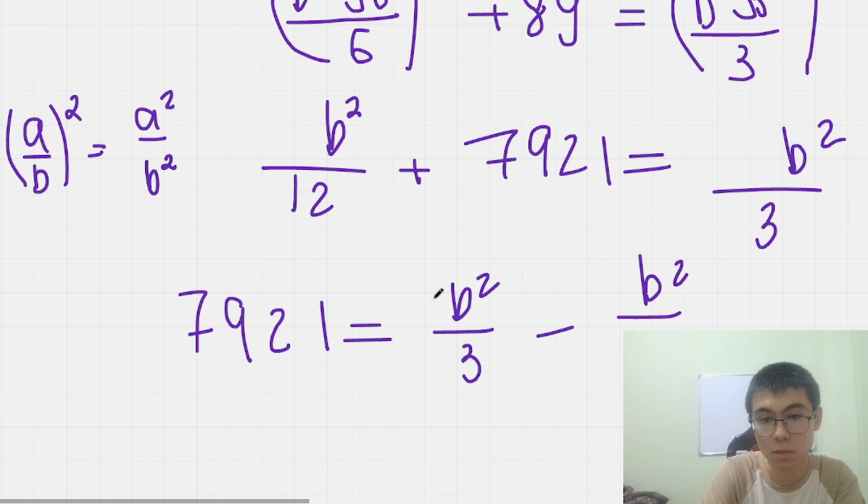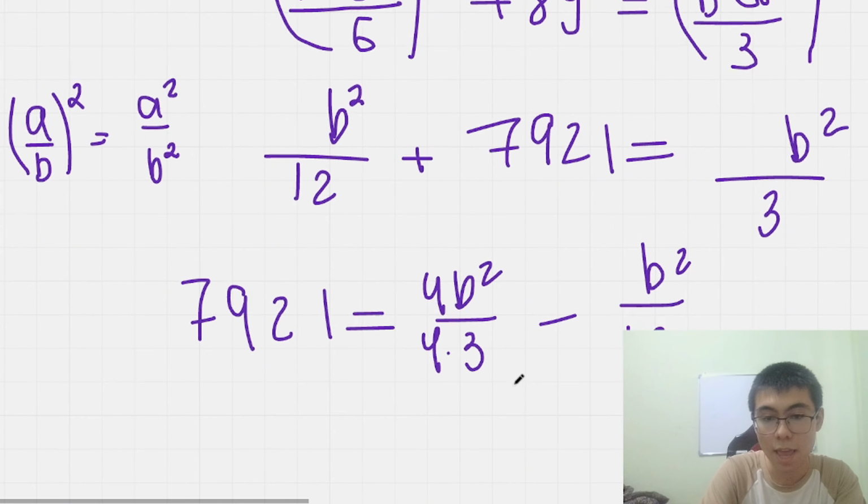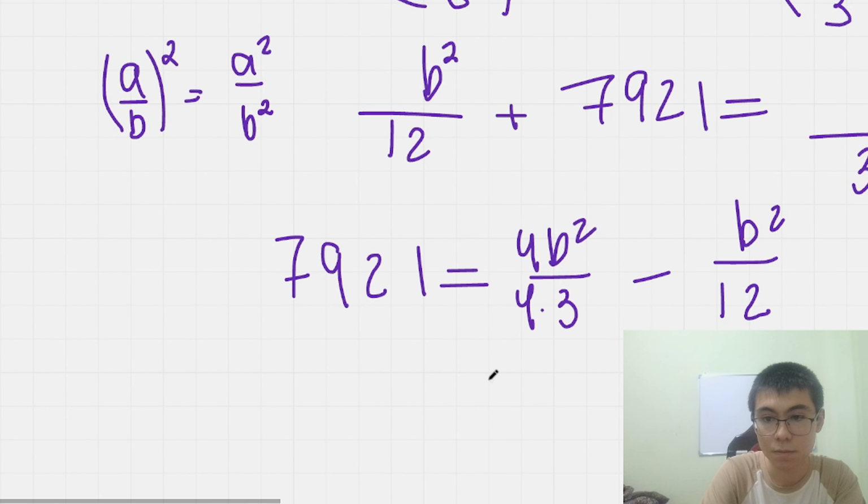In this case, we can multiply this part by 4, and also multiply the other part by 12 and divide by 12.